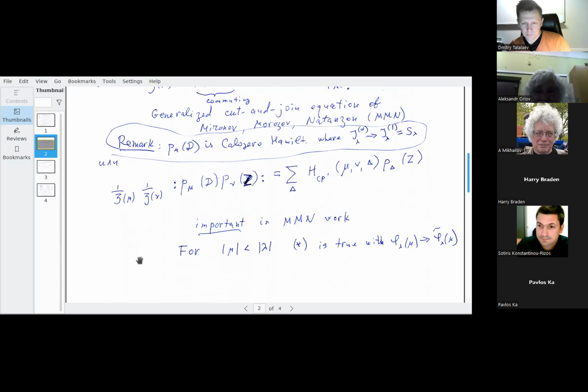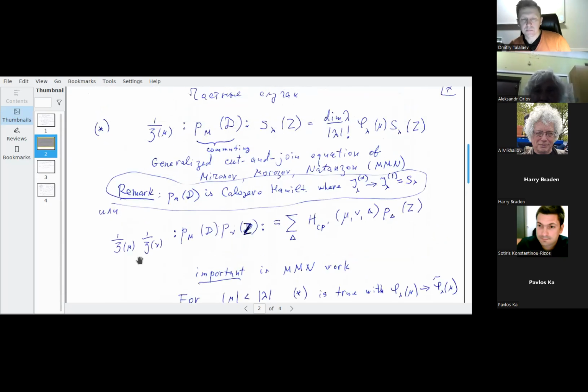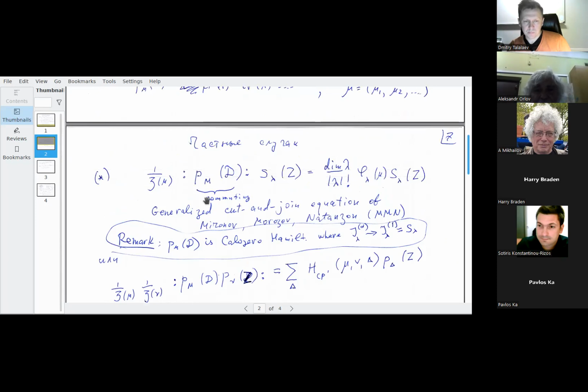Important that in this situation, actually, we can omit the requirement that the weight of mu is equal to the weight of lambda, because we can complete this cycle. Perhaps I will not stop on it, but it is an important moment. If the weight of mu exceeds the weight of lambda, it is just 0, because here we have more differential operators than variables.